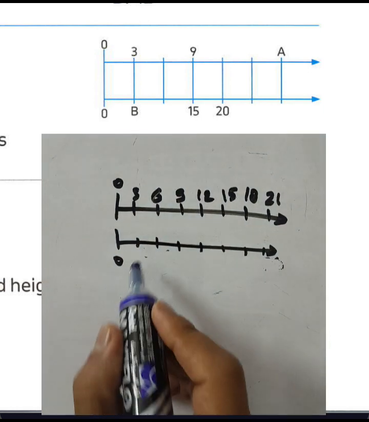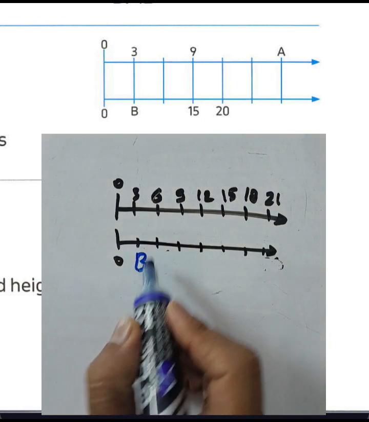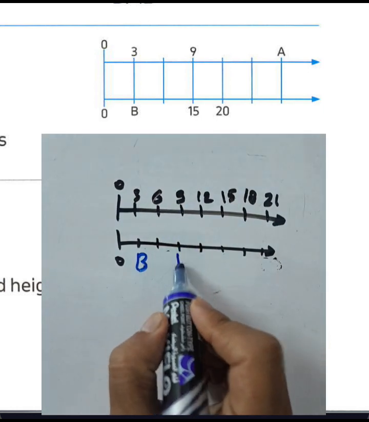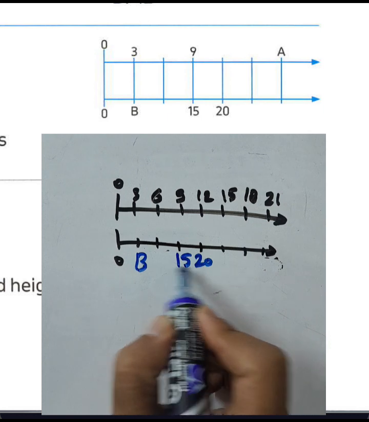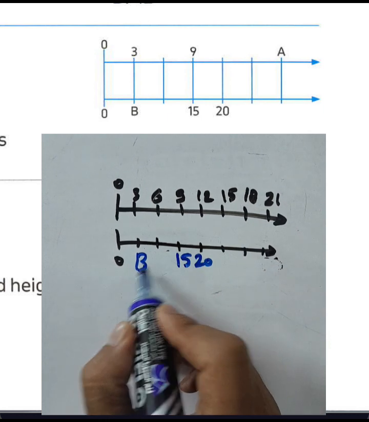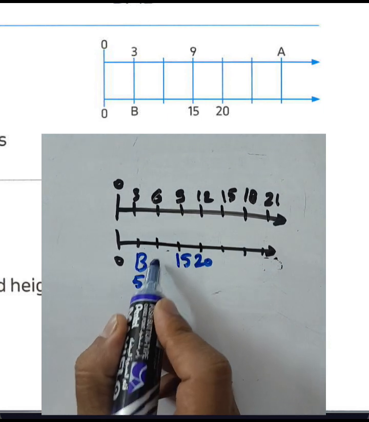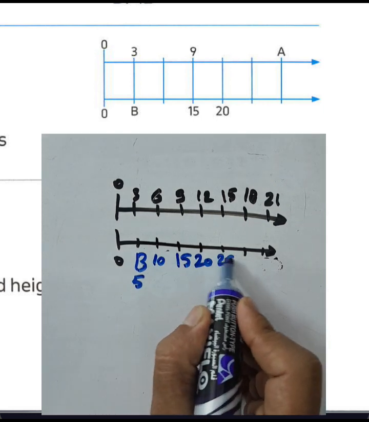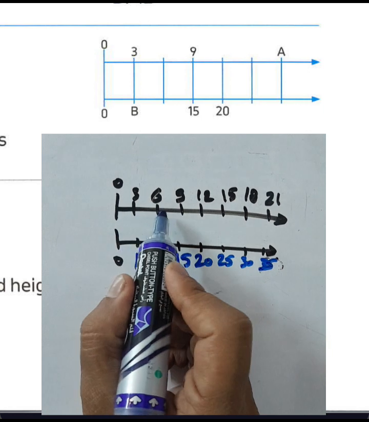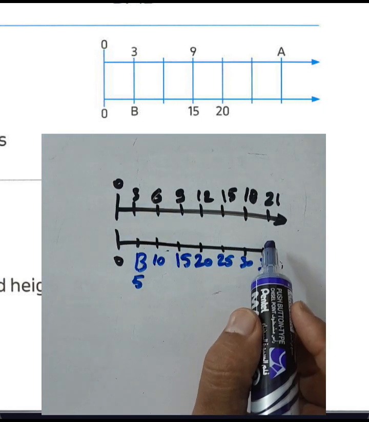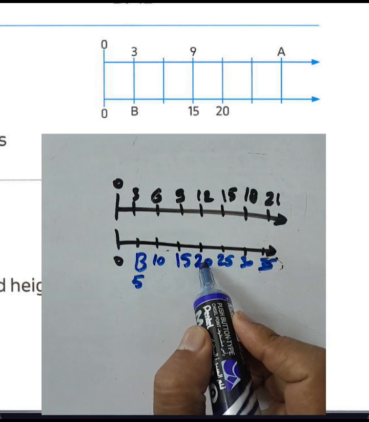It was B, not 8. Okay, we have B here, and the opposite of 9 was 15, and the number here 20. Then it goes up by 5 all the time. 5, 10, 15. Then the value of B is 5, and here 10, 20, 25, 30, 35, and here 3 all the time. In the opposite, we have 20, 25, 30.